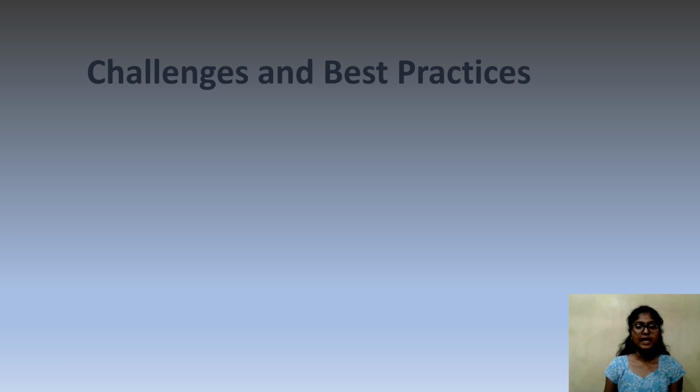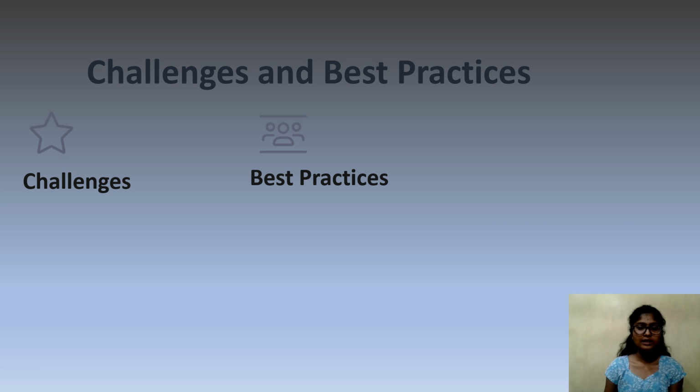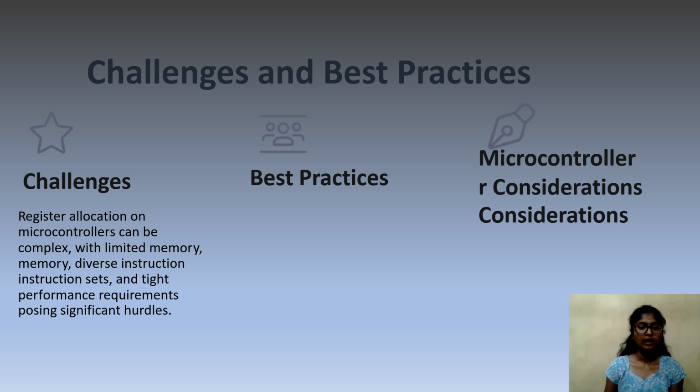So, what are the challenges and best practices of register allocation? The challenges are that register allocation on microcontrollers can be complex, with limited memory, diverse instruction sets, and tight performance requirements posing significant hurdles.